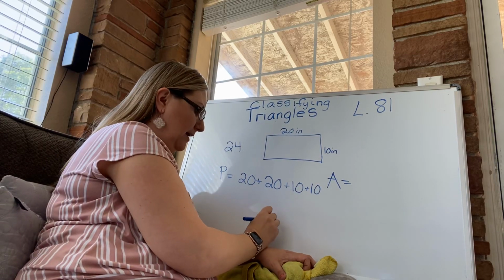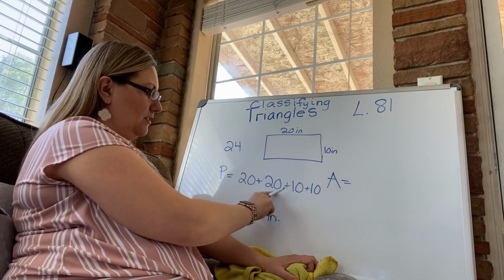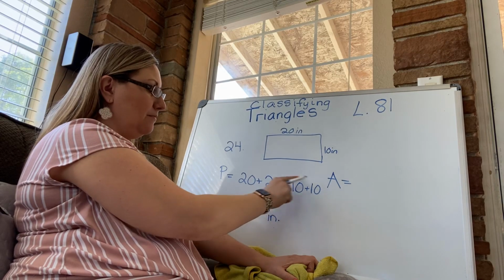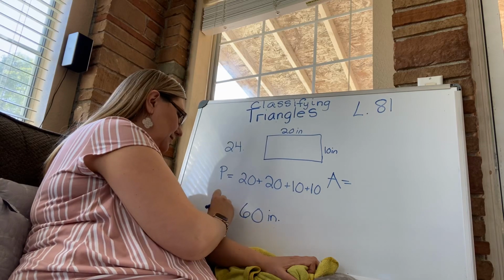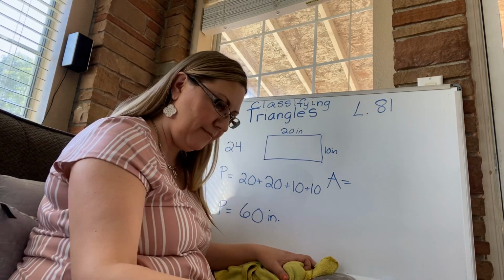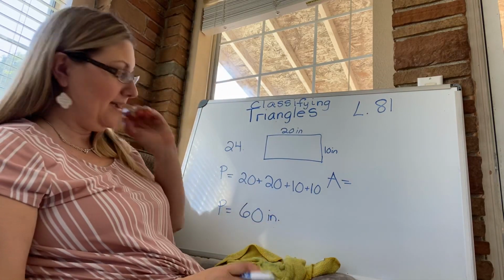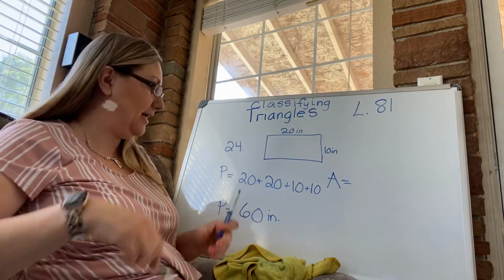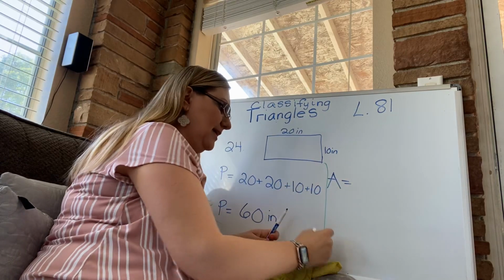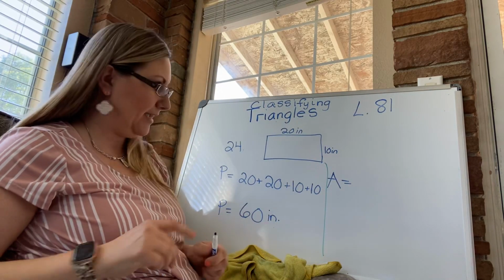Don't forget that we'll have inches at the end. So 20 plus 20, 40, plus basically 20 more. The perimeter is 60 inches on this problem, okay? So now that brings us to our area, right? So the second half of this problem is our area.